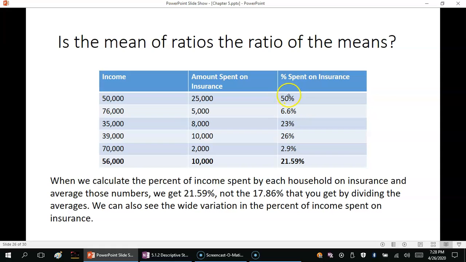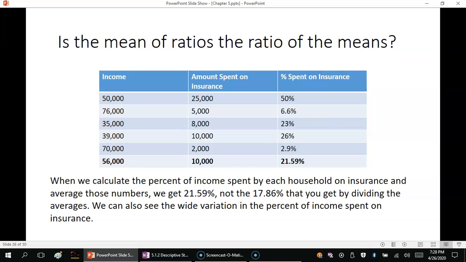If I compute the percent that each household is spending on their insurance, I do not get 18%. I get that the average amount that each is spending on insurance is 21.59% of their income, which is much more than the 18%, or really the 17.86% that you get by just dividing the averages. And there's nothing special about this sample.